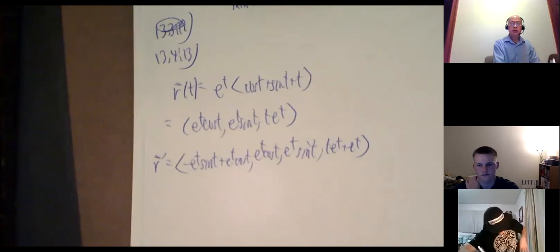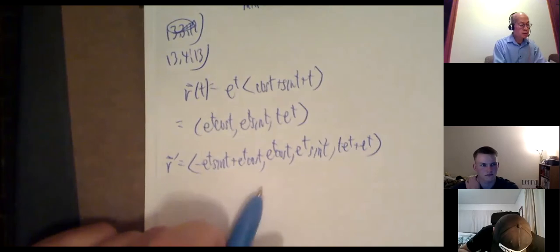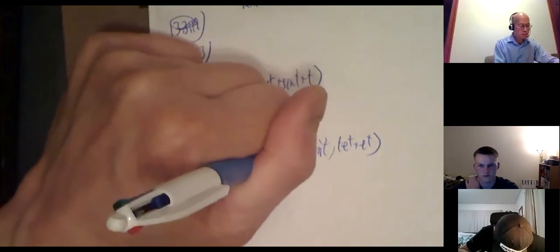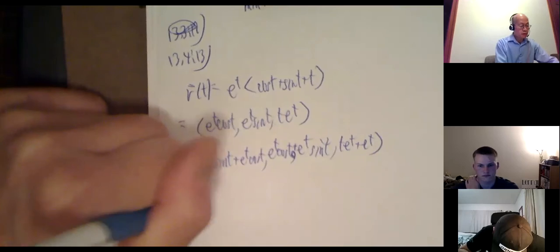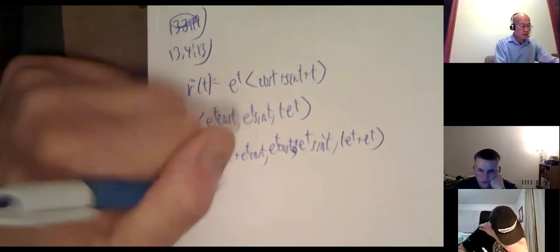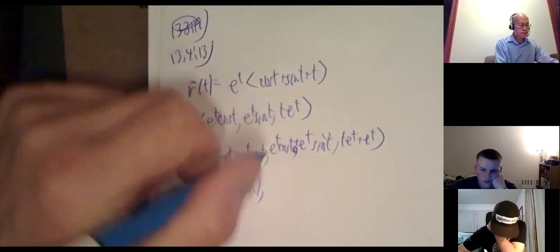So that's R prime. Okay, and if you're going for the second derivative, let's see, there should not be a comma here. There should be a plus. Okay, so maybe I'll just suggest factor out the e to the t: cosine t minus sine t.